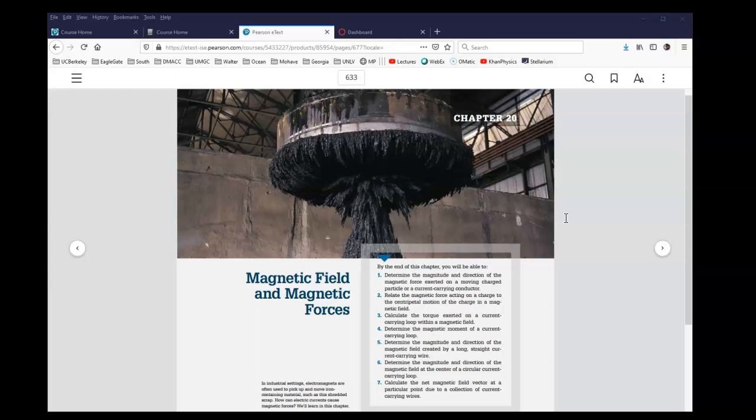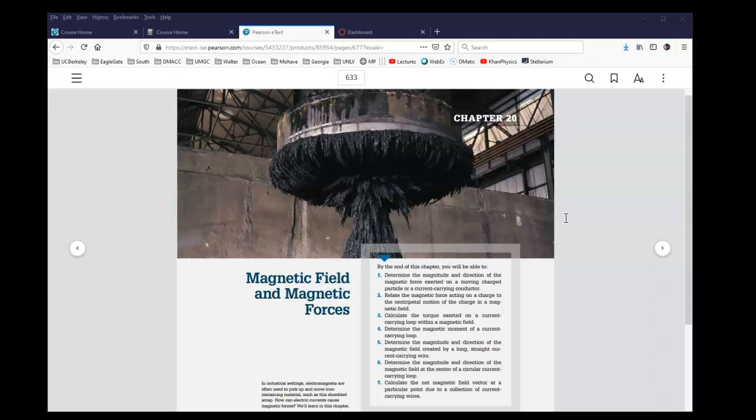But this chapter, chapter 20, is a large chapter in terms of concept. The number of pages is basically the same as other chapters, but the concepts of the magnetic field are a little bit more abstract, especially for those who have never taken physics before.